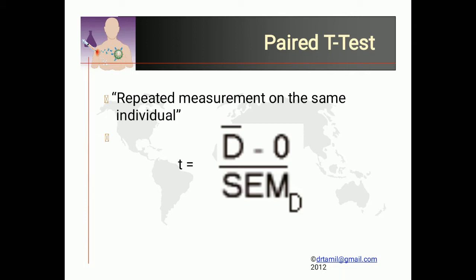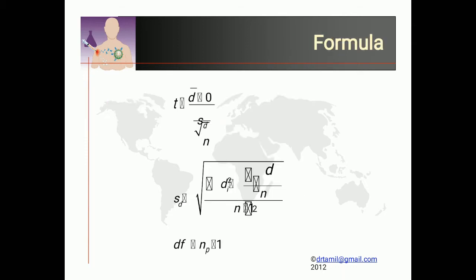So the paired t-test is nothing but a repeated measurement on the same individual. The formula is t equal to d bar minus 0 divided by SD upon root n. Here SD stands for standard deviation, n stands for number of objects, and t stands for student t-test.